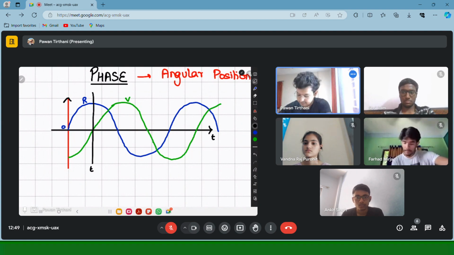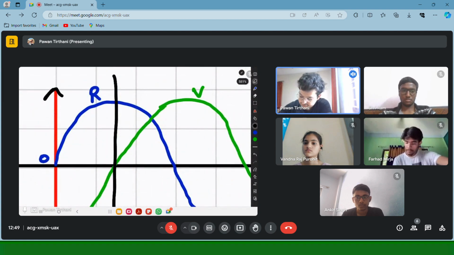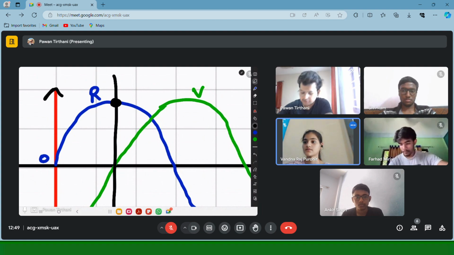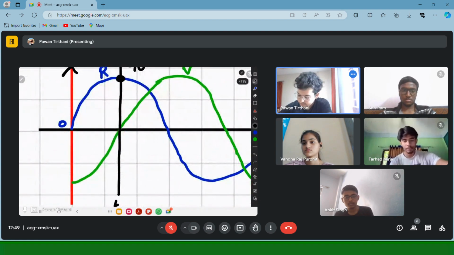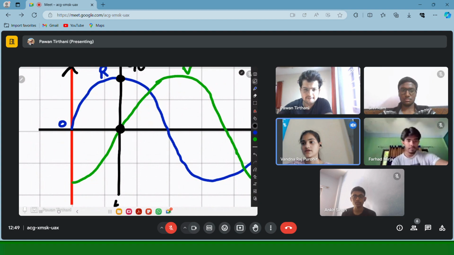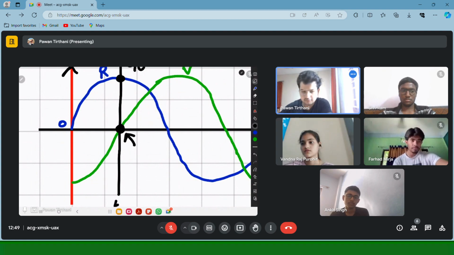Okay. At this point, the reference wave is at what phase, Vandana? Which phase is this? 90. Very good. This is 90 degrees. Everyone agrees? Yes. The variable wave is at which phase, Vandana? The green one. This one. 45. No. It is passing the origin.